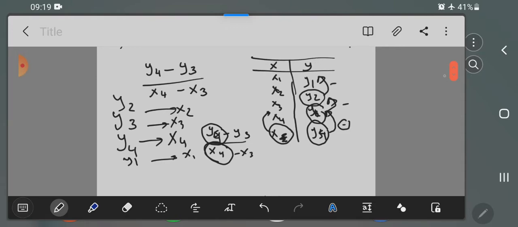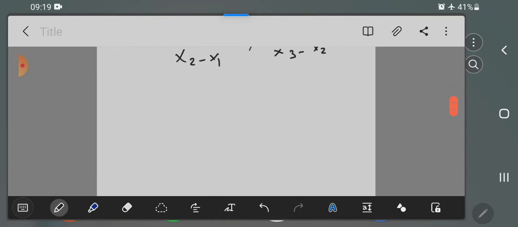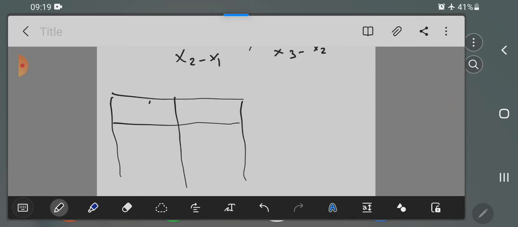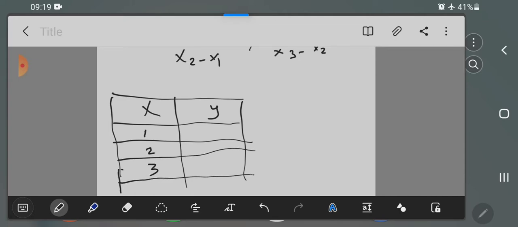Okay? Let's take an example. Now, if you have a table, x and y, first one 1, 2, 3 and 4. Here we have 10, 20, 30 and 40.